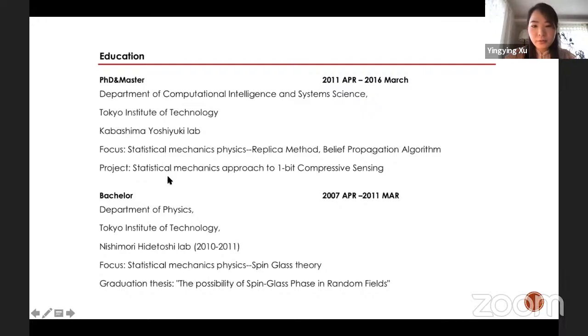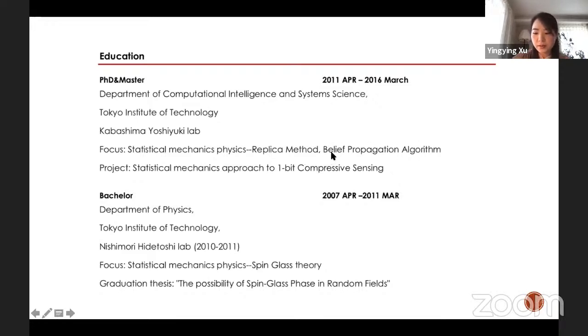My main focus was on statistical mechanics applied to 1-bit compressed sensing, so it's already a boundary area between physics and signal processing. We invited Professor Kabashima Yoshiyuki to give us a lecture on replica method recently. Today, I'm going to talk about another part of my PhD studies, the belief propagation algorithm.